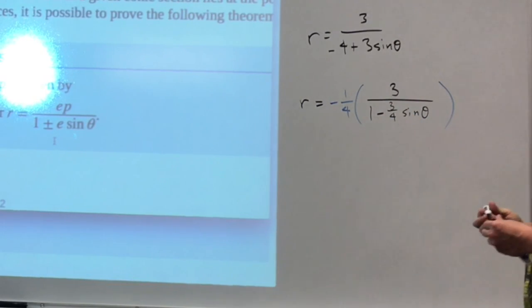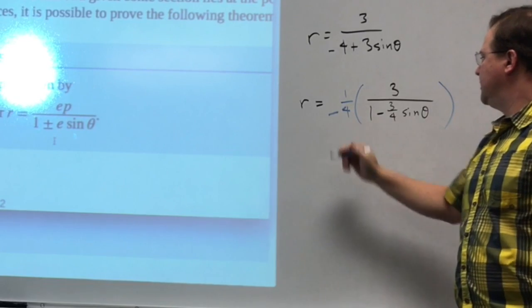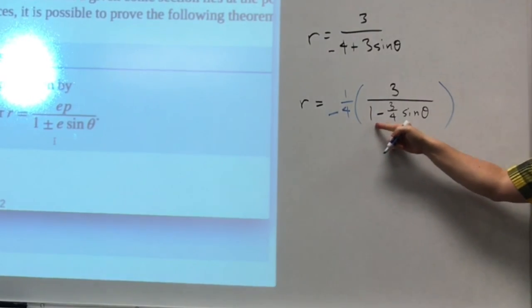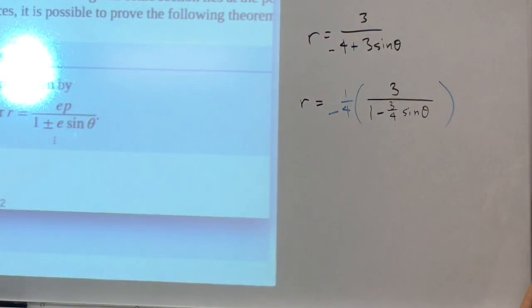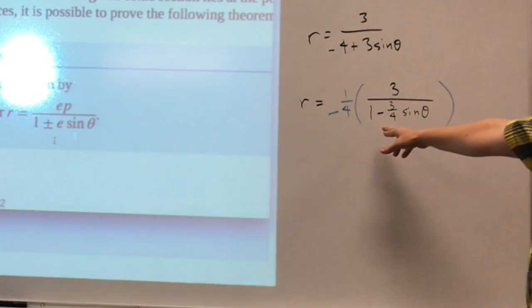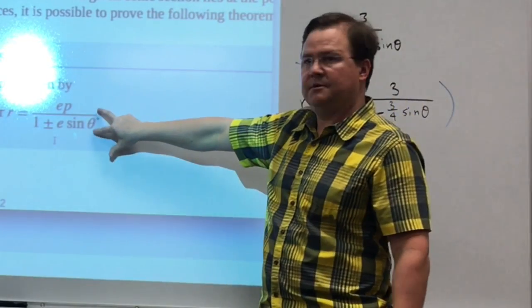Is that right? You can double check it. If I distribute the -4, that would be a -4, and that would be a +3. Now it's a 1 plus or minus something times sine. It's starting to look a lot like this one.